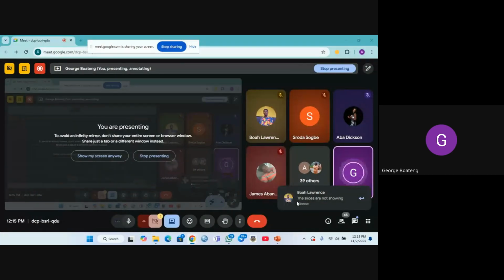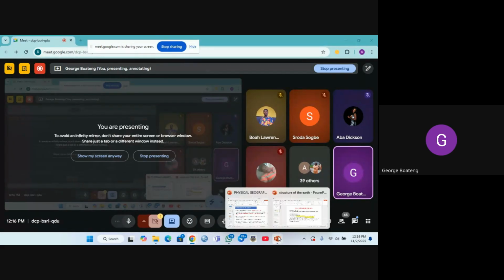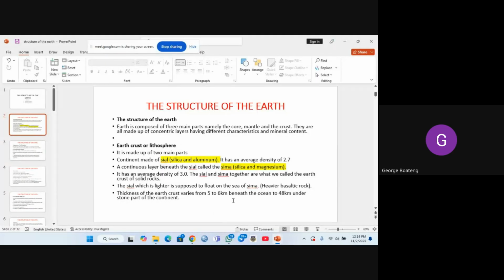That is silica and aluminum are sitting on the silica and the magnesium. So what carries the crust is the sima. That is what we have for the crust.